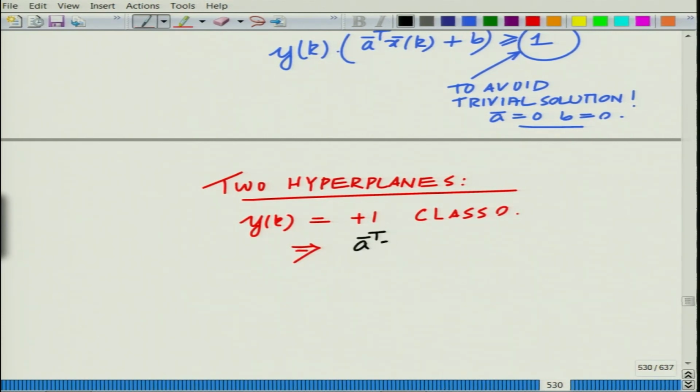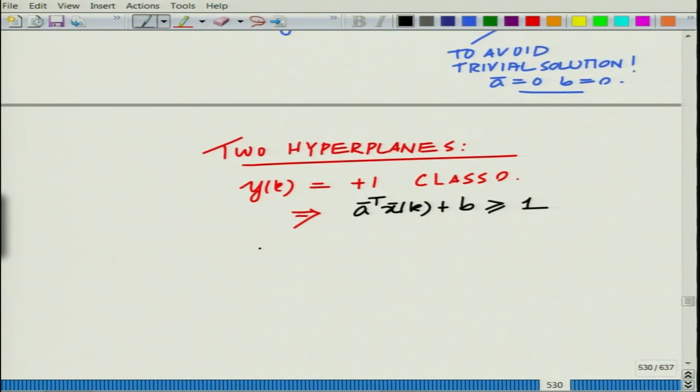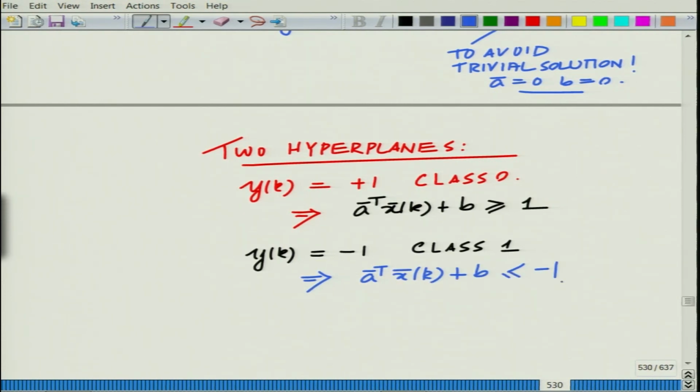A bar transpose x bar k plus b greater than or equal to 1. Now, for y k equal to minus 1, class 1, this implies a bar transpose x bar k plus b less than or equal to minus 1.